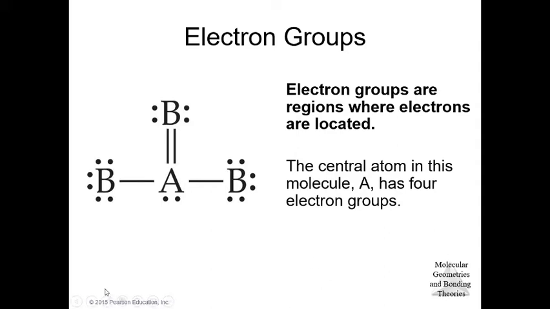Each single bond is an electron group. So here's an electron group here, electron group here. This double bond is 1 electron group. This lone pair is 1 electron group. So this A is surrounded by 4 electron groups: 1, 2, 3, 4.